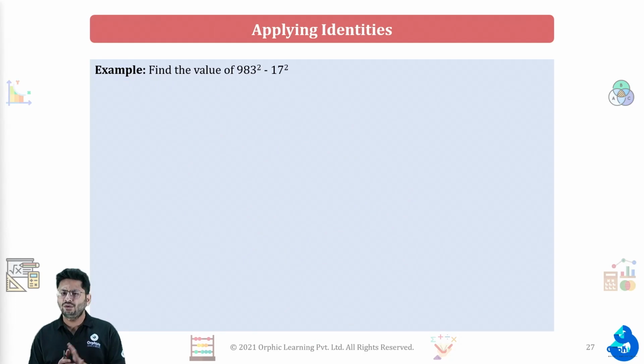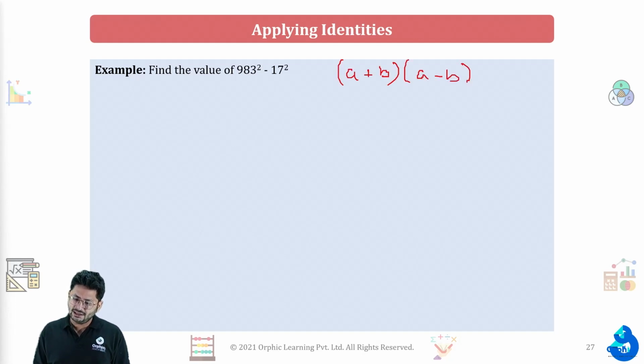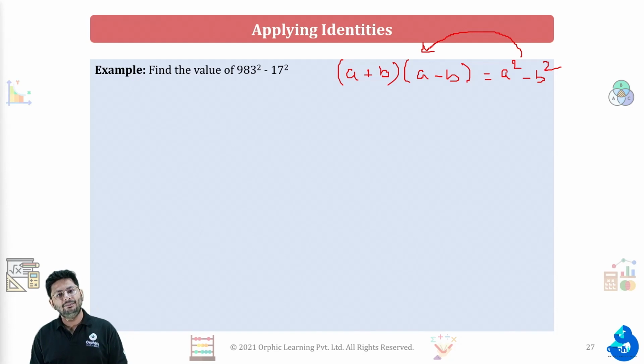So now let's do a few more questions, using the identity only. So this is 983 का whole square minus 17 का square. So the third identity says that a plus b into a minus b is equal to a square minus b square. तो मैं थोड़ा सा reverse में identity देखता हूँ, something square minus something square.